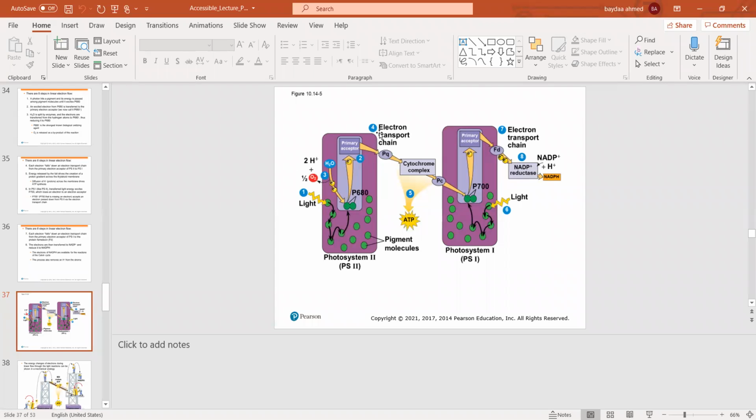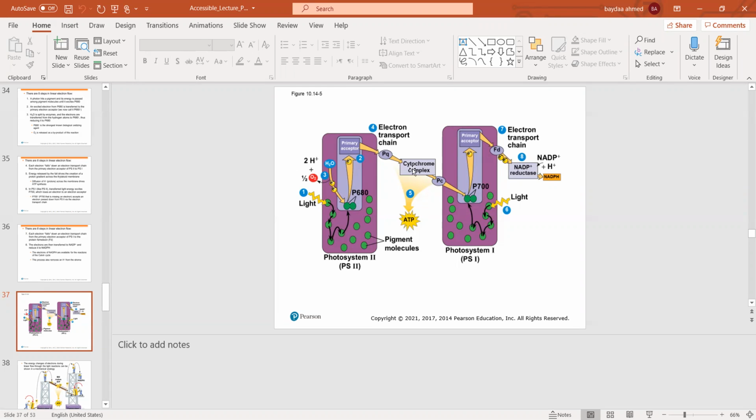In step 4, each electron falls down an electron transport chain from the primary electron acceptor of photosystem 2 to photosystem 1. The energy released by the fall drives the creation of a proton gradient across the thylakoid membrane.